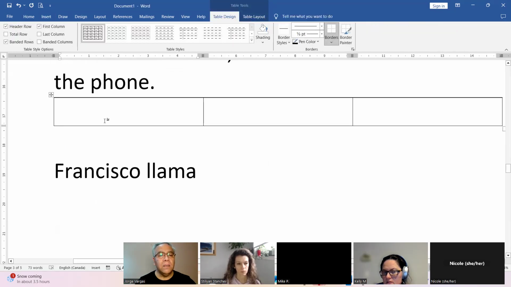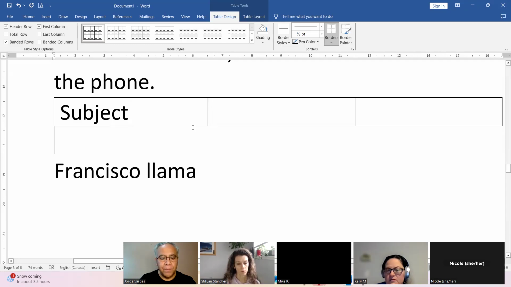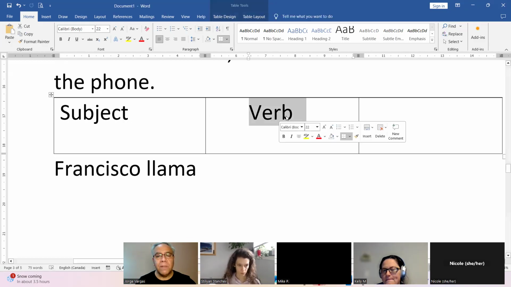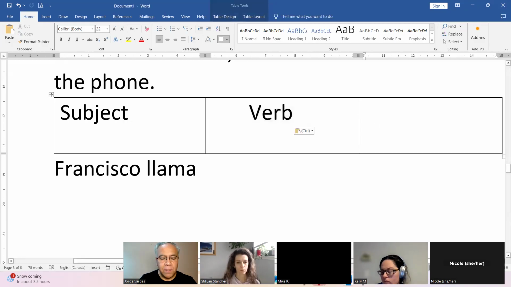A little chart here, with the subject, then verb, and then the object.